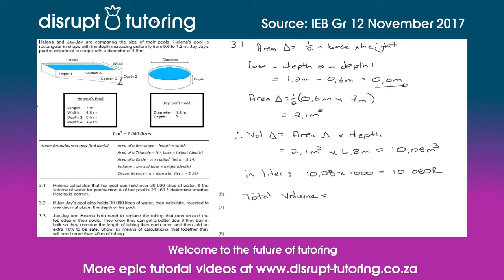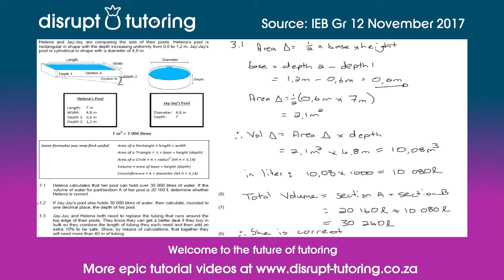So as I said, total volume is section A plus section B. So this is going to equal 20,160 liters, plus we've just calculated it to be 10,080 liters. So in your calculators, this comes to a total of 30,240 liters.